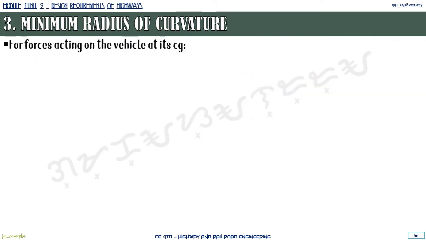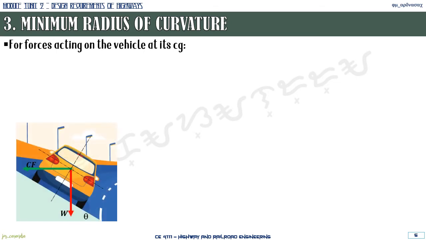So considering the forces acting on the vehicle at its center of gravity, we'll have now our centrifugal force and the weight. So from here, we'll now be able to identify the centrifugal ratio, which is simply the ratio between the centrifugal force and the weight.